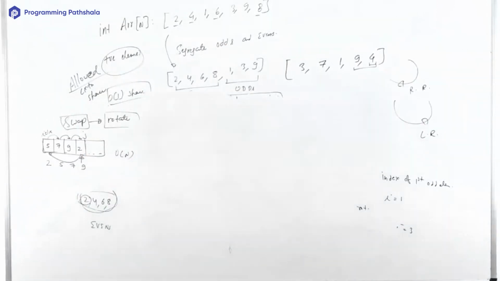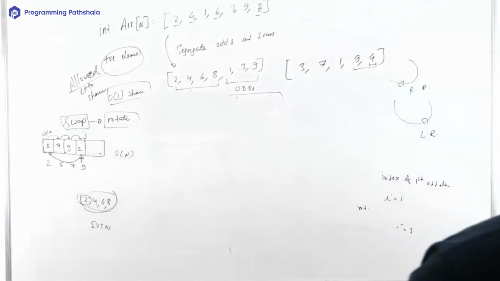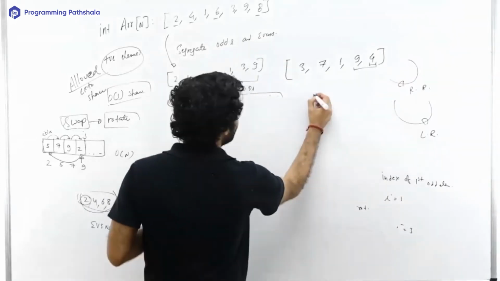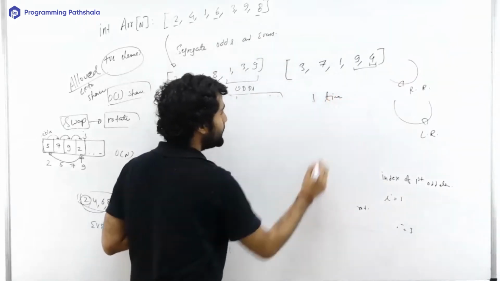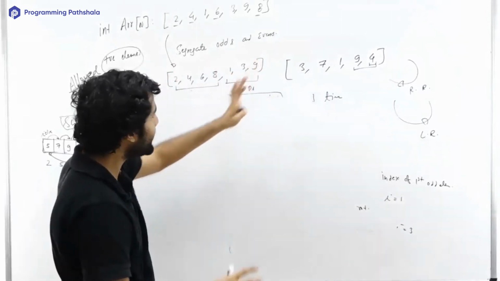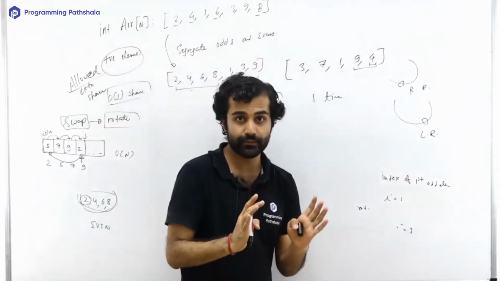You can also do rotate with only order 1. What do you mean, rotate with order 1? You mean order 1 space, or do you mean order 1 time? Can you rotate any part in order 1 time? You mean 1 time? You are saying just rotate 1 time. But even if you rotate it 1 time, it is going to take n operations for that, right?